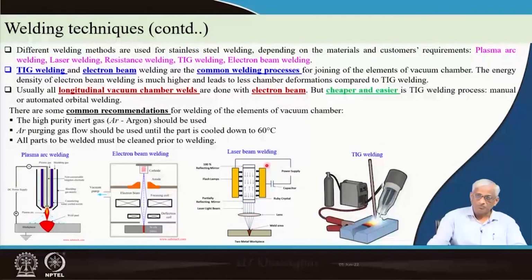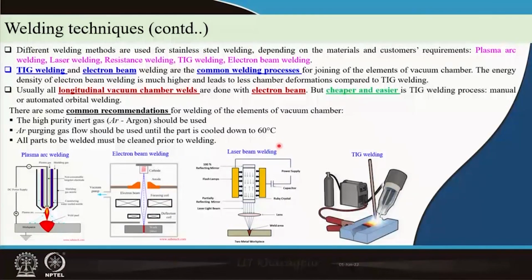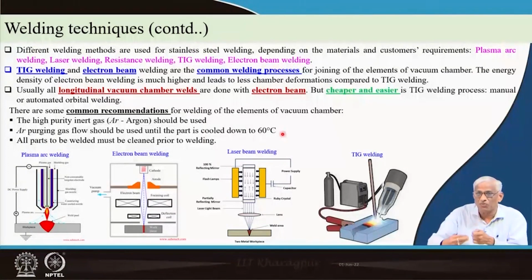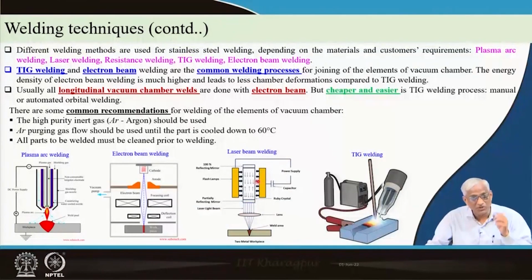Then laser beam welding. Laser beam welding is nothing but an optical thing. In our childhood we might have seen, just keep a lens and light will be focused and paper will be burnt. That type of thing we do with a single frequency laser beam. Intense laser beams are available commercially, because laser technology is well developed.